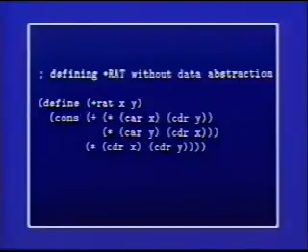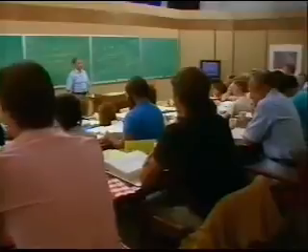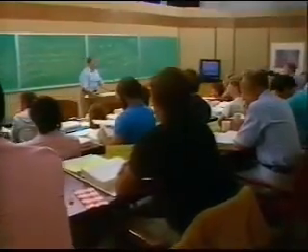So what we'll do is we'll take the car of x times the cdr of y, multiply them, take the car of y times the cdr of x, multiply them, add them, take the cdr of x and the cdr of y, multiply them, and then cons together. And that sort of does the same thing. But this ignores the problem of reducing things to lowest terms, but let's not worry about that for a minute.